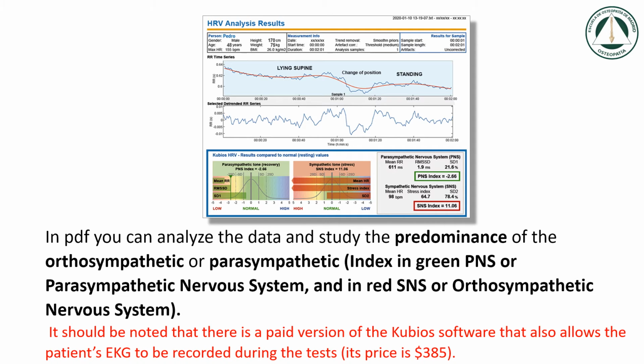It should be noted that there is a paid version of the Kubios software, which also allows the patient's EKG to be recorded during the tests. If you have a complete EKG system, its price can be $385 or much more.